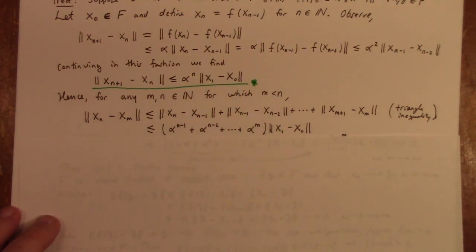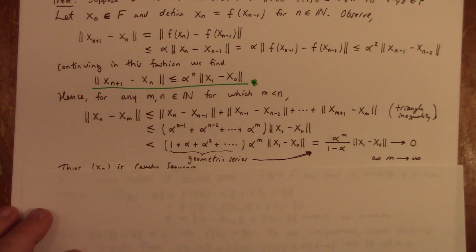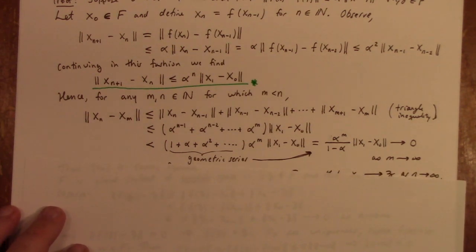And then, at the heart of everything interesting, the geometric series appears. If you factor alpha to the m out, it leaves you a sum of powers of alpha: 1 plus alpha plus alpha squared, and so on, up to alpha to the n minus 1 minus m.